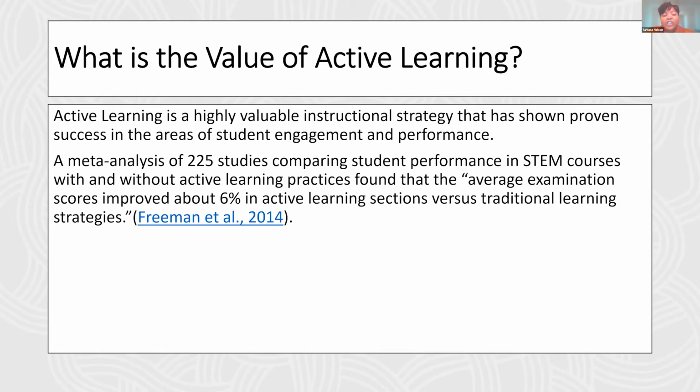And just to give a little background, traditional learning is basically teacher-centered, where the students become passive receivers of information. So they're not actively engaged. And that is opposed to active learning, where the students are actively engaged in the learning process.